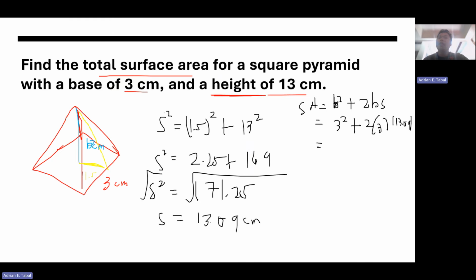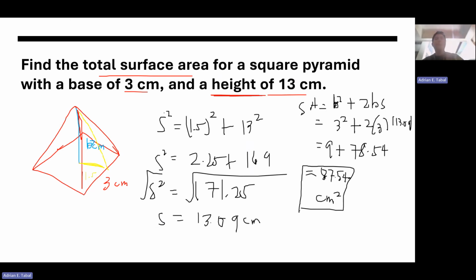That is 9 plus 2 times 3 times 13.09, which is 78.54, plus 9, that's 87.54. The unit is centimeter square. And that is how you find the surface area of the square pyramid given the base and the height.